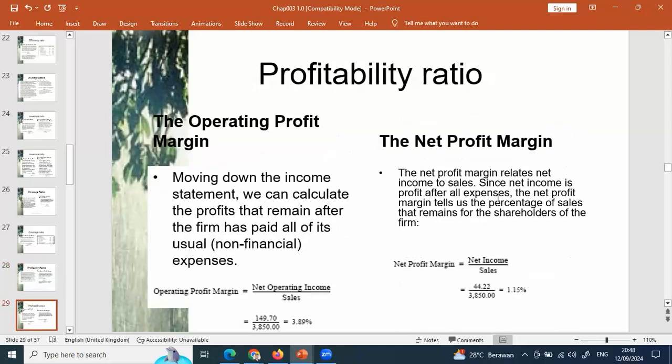Net profit is from net income. Net income divided by sales, we got 1.15%. Yeah, very small. That is the net profit margin.